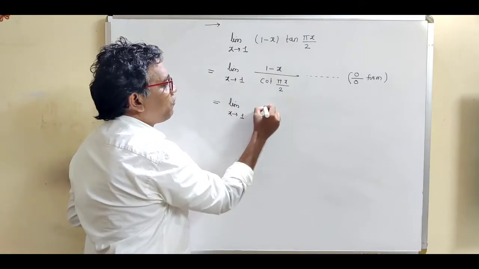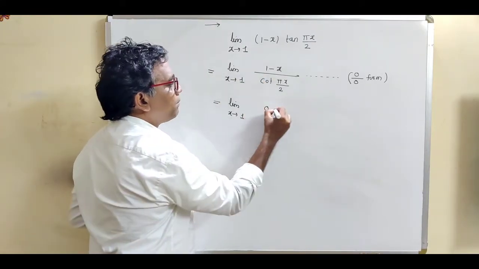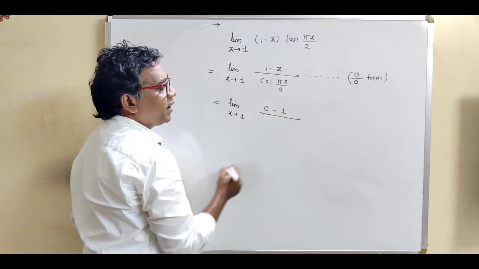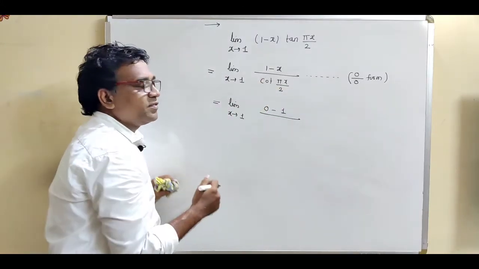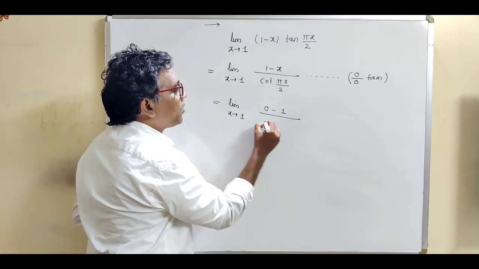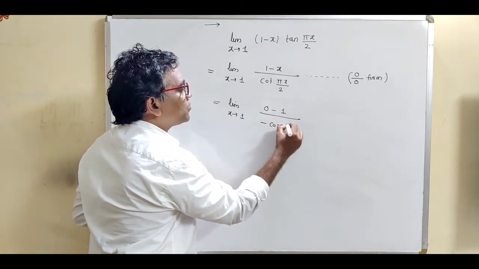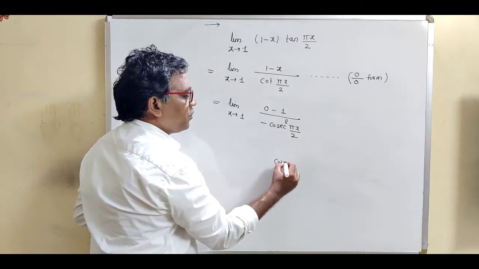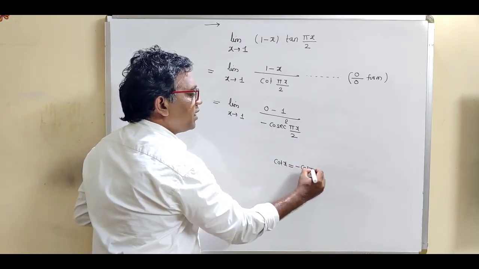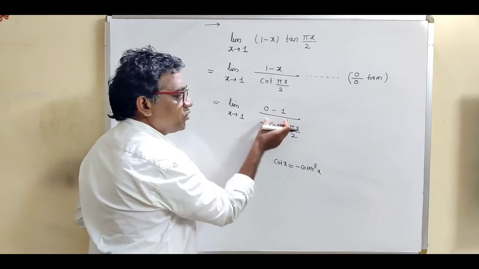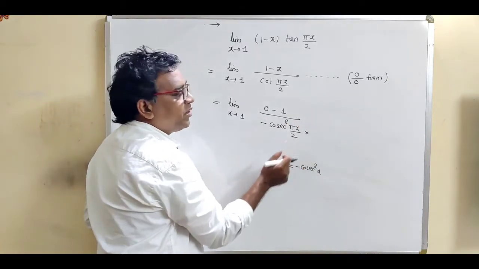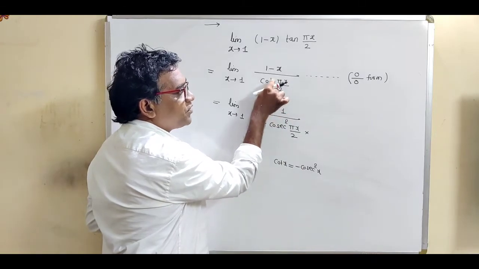So derivative of 1 is 0, minus derivative of x is 1, divided by derivative of cot x. Derivative of cot x is minus cosec square x. This is the formula. Use this formula, and according to chain rule, multiply by coefficient of x.